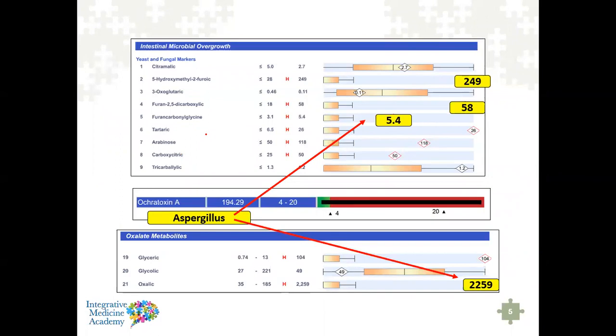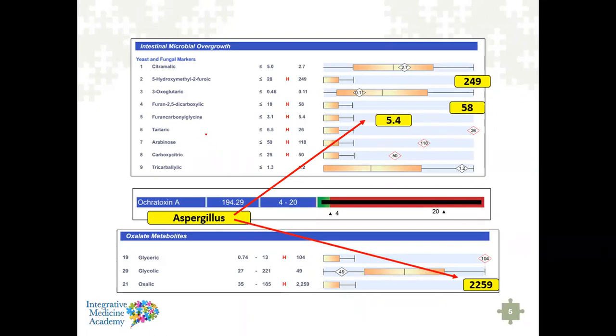I think it's worthwhile, not necessarily having to memorize every single marker, but recognizing that some of the previous tests, if you go back years, will have Aspergillus or Fusarium mold designated next to that marker. So this is a perfect example. This was actually of a young child living in a home that had Aspergillus exposure.